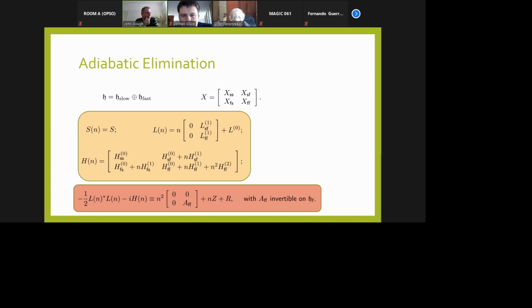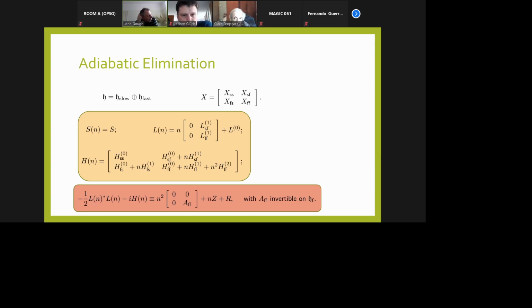With respect to this decomposition, we can consider describing operators on H decomposed as follows. So there's a slow part, a fast to slow, a slow to fast, and a fast to the fast subspace part. With respect to this representation, what we want is, first of all, the scattering operators basically to be fixed and independent.